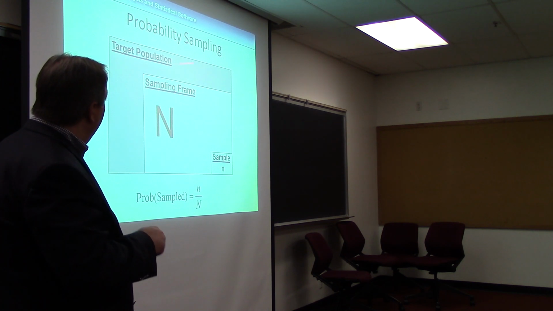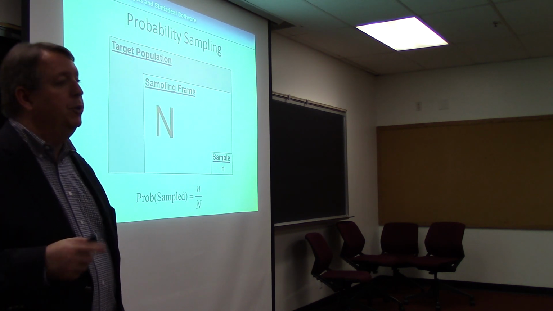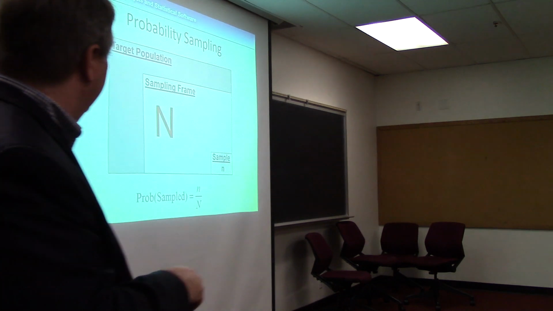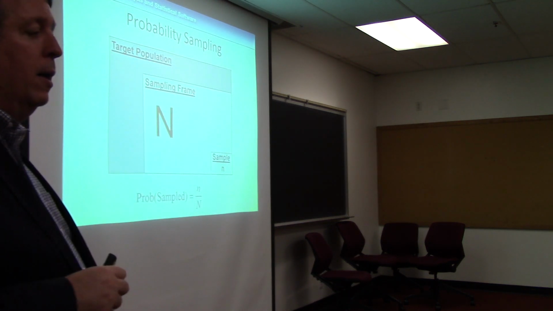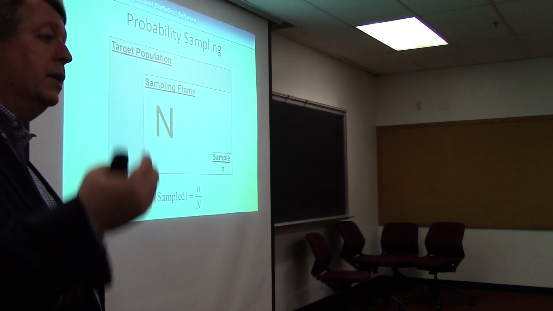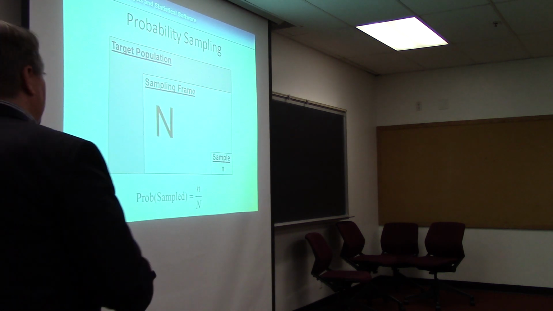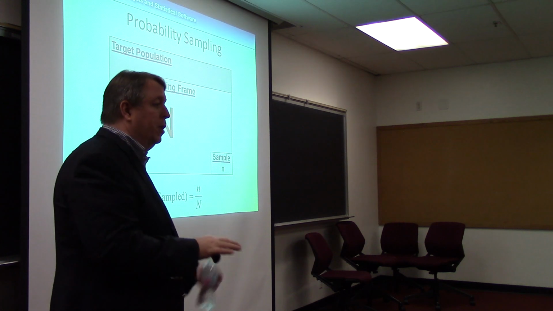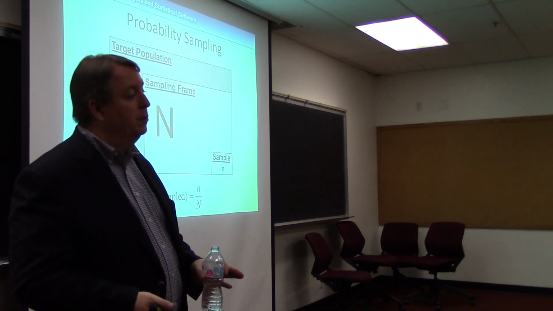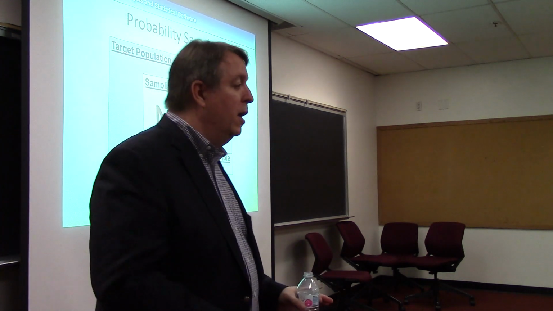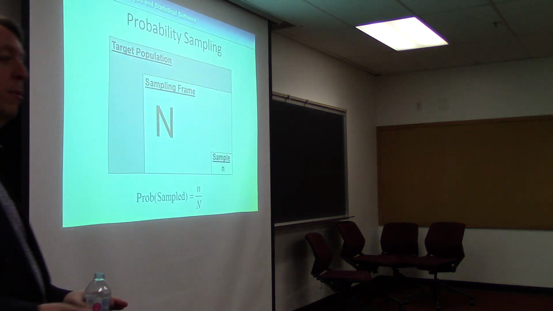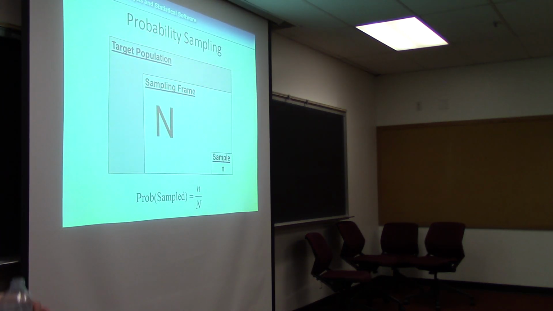But you can't enumerate everyone in the entire population, but you can get something that we're going to call a sampling frame. A sampling frame is essentially a list of all the possible people or objects that could end up in your sample. One nice example is if you were talking about a city. In the old days we had these paper things called phone books, and they were lists of people's names and their phone numbers. You guys have probably never seen these things, but they used to exist.